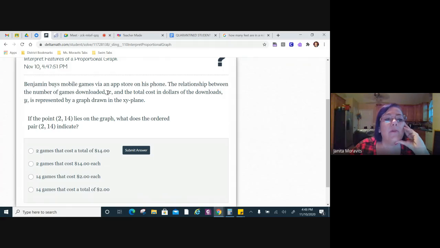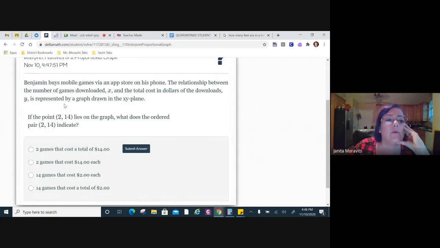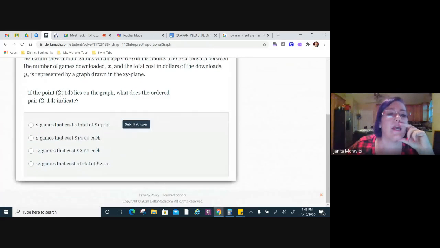All right, so the number of games is X and the total cost is Y. All right, so 2 is X, 14 is Y. X is the number of games, so 2 is the number of games, and 14 is the total cost. So what would this indicate? 2 is the number of games, 14 is the cost.